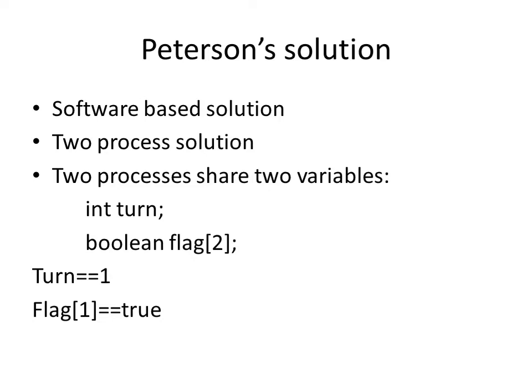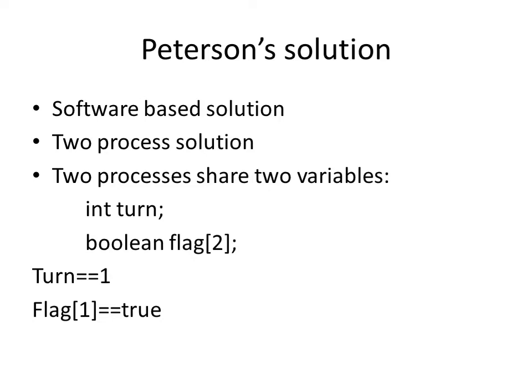For example, flag of 0 equal to true means the process P0 is ready to enter its critical section. If flag of 0 is equal to false, it means the process P0 is not interested to enter the critical section.